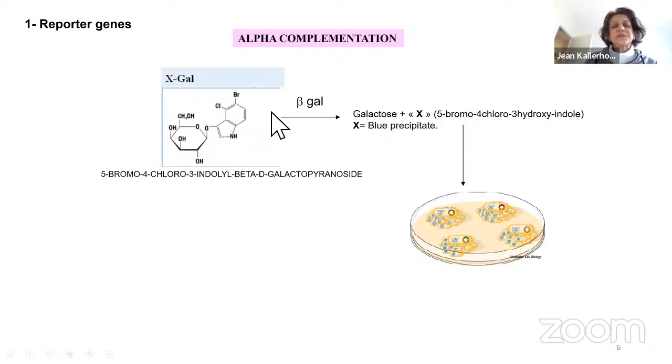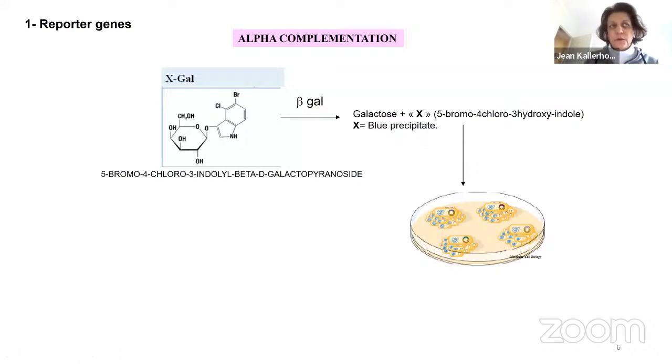This is the substrate, which is an analog of galactose. X-gal will be converted by beta-galactosidase to galactose and a product that has a very complex name that we call X. And this X is a blue precipitate.